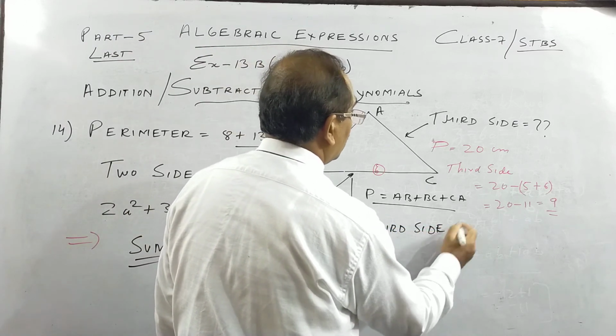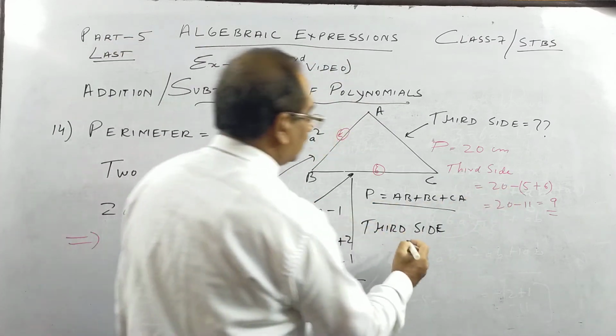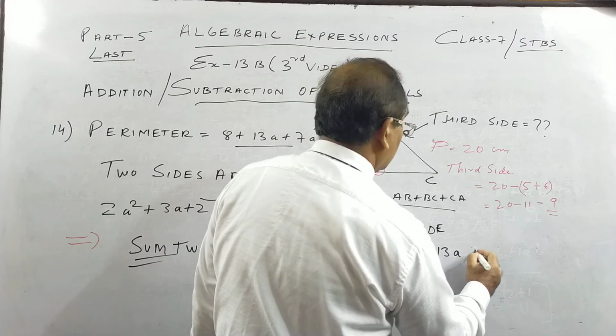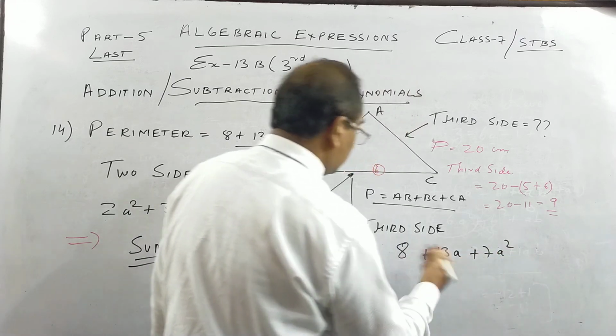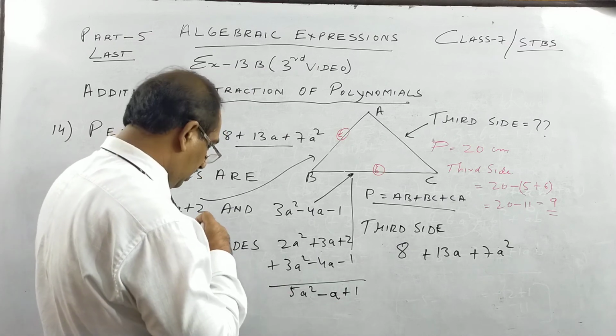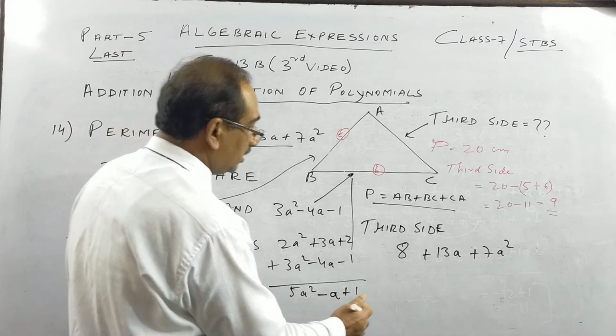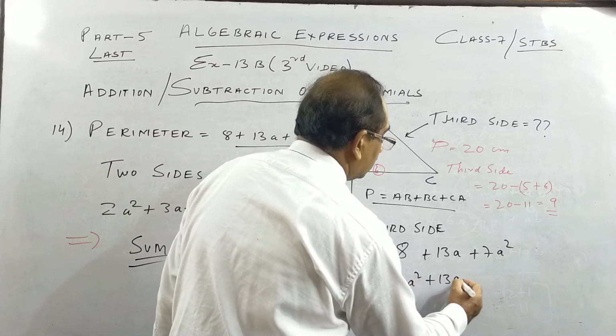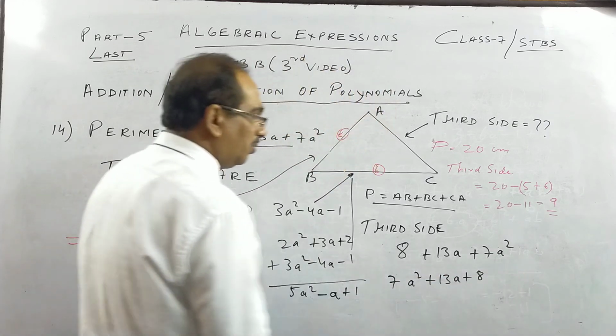What we do, we take the total, that is the perimeter, and we first rearrange the perimeter because it is in increasing order. If you see, this is in increasing order. So what I write here is, I write this in descending order. It looks nice also.